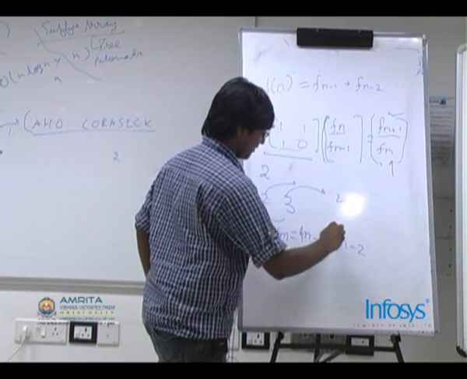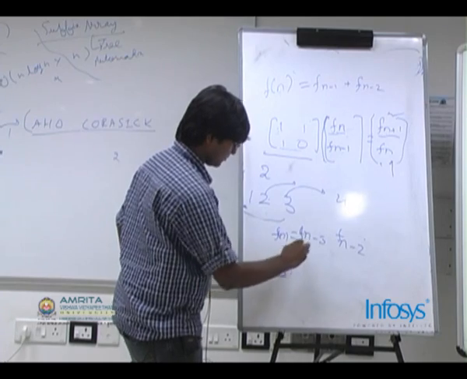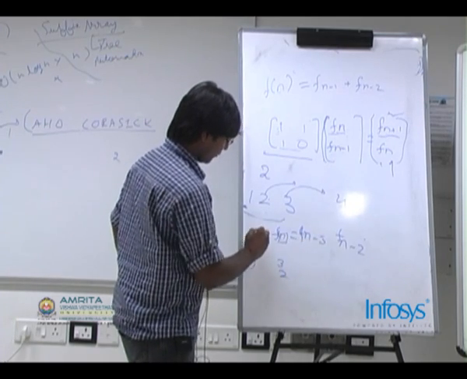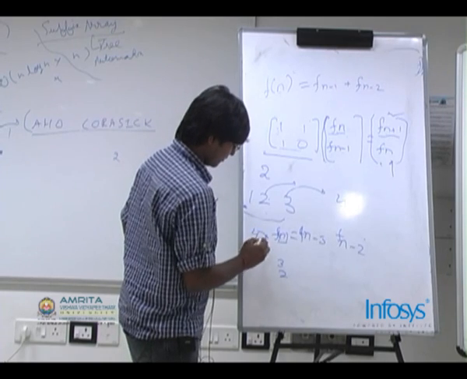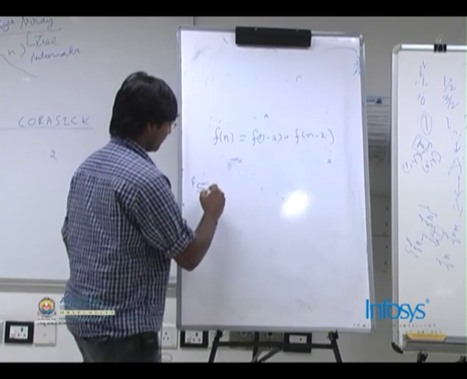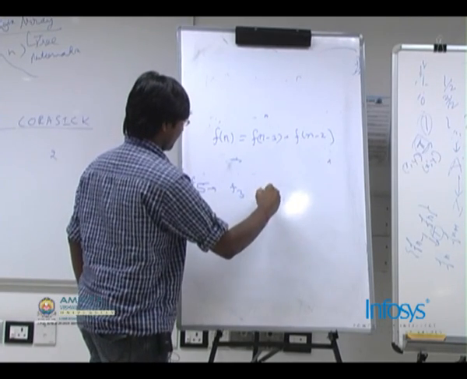We need 2 also and 3 also. When we reach, we'll be calculating 4. Suppose we are calculating F5, then we need F3 and F2.